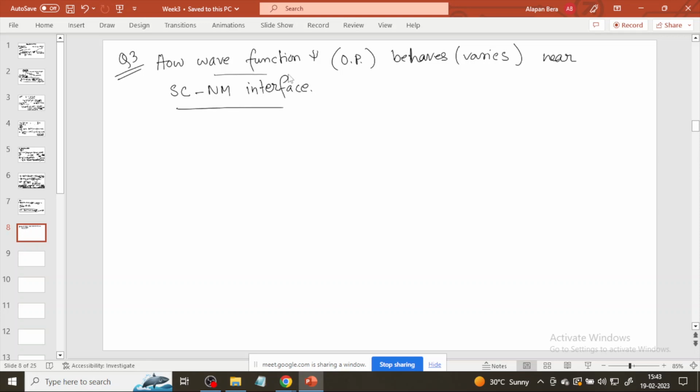So we will now see how, using the Ginzburg-Landau equation, we can show how this order parameter psi varies near a superconductor, this is the superconductor and this is the normal metal, in the interface between them. What is the plot of psi in this region? We'll now try to derive that.